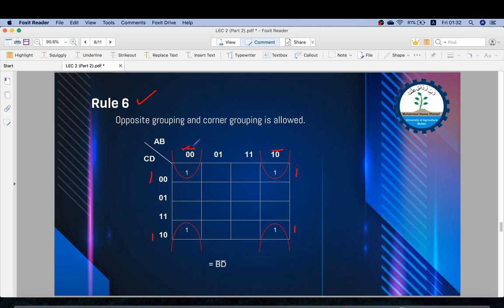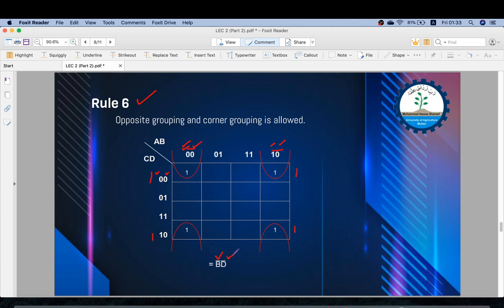What is common? What is A? 0 1, it's not common. We'll take 0 0, B complement. What about here? C is 0 1, we will not take it because it's not common, but for D it's 0 0, so we'll take D complement.